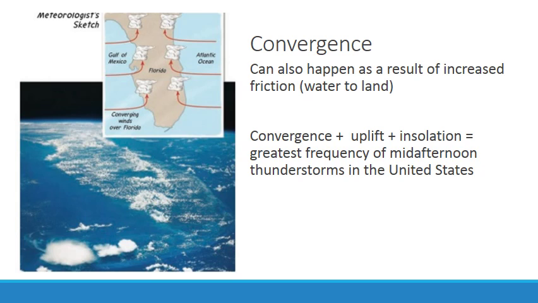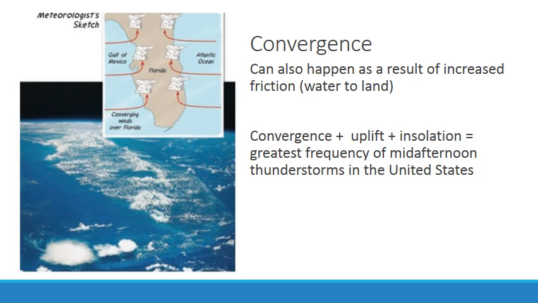When we look at this particular part of our country, we can see convergence happening when there's some obstacle slowing the latitudinal flow of air. So when air moves from a relatively smooth surface like the ocean onto an irregular landscape, the increase in friction reduces the speed of the air.